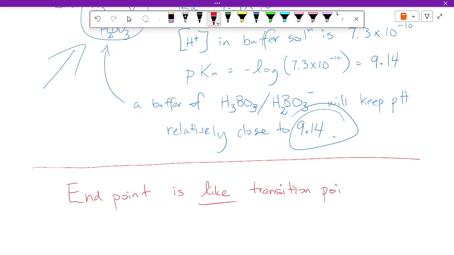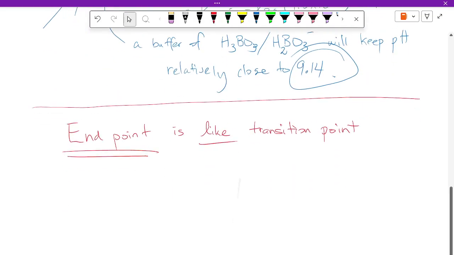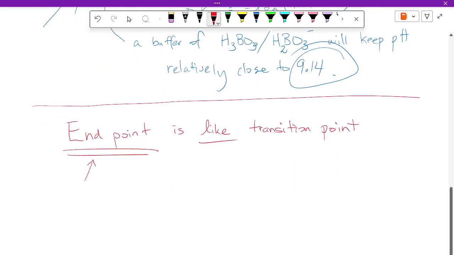We just use them in different contexts, okay? So endpoint is used in the context of a titration, and it is the point at which the indicator changes color in a titration.